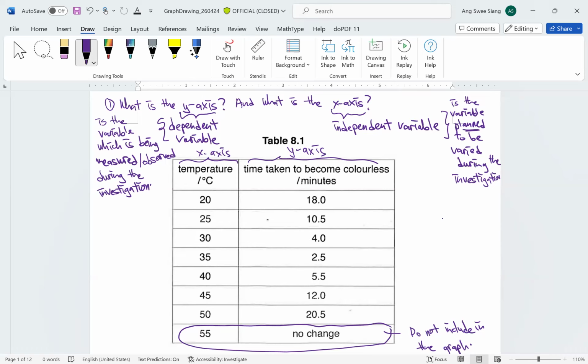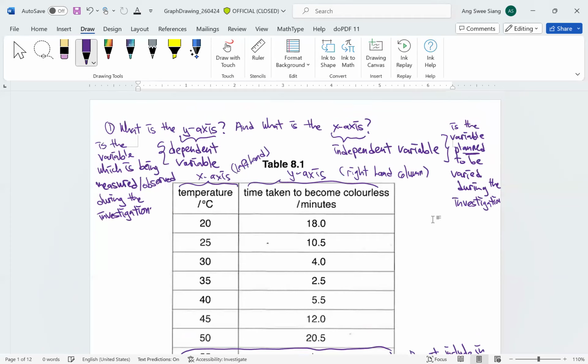On a side note, based on my observation, and I say usually, I never say 100%, they will usually put the x-axis in the left-hand column, and the y-axis usually in the right-hand column.